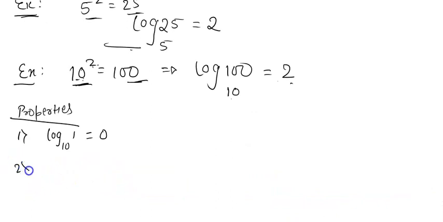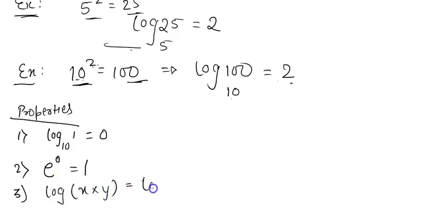The next property is any exponential to the power 0 is always 1. The third property is if we have any term of logarithm as log x into y, the term will be further written as the sum of logarithms.